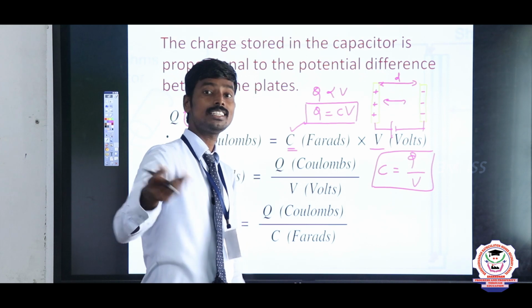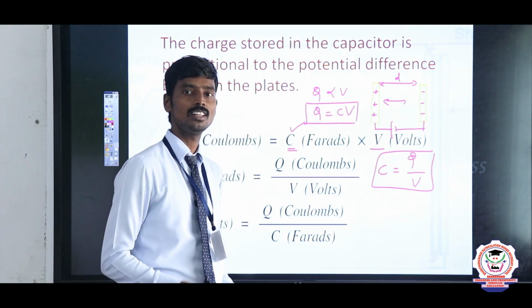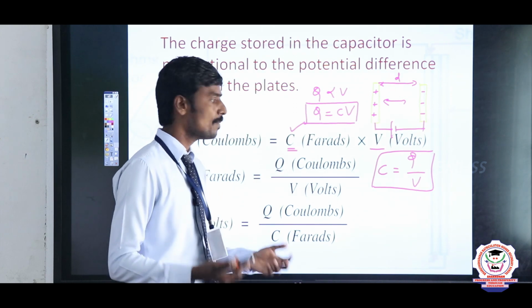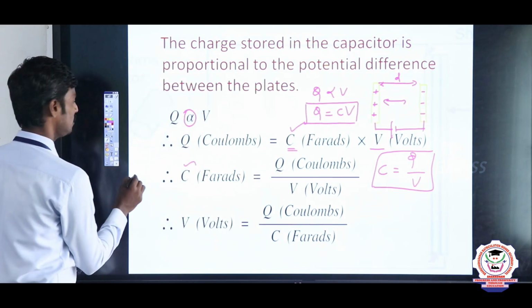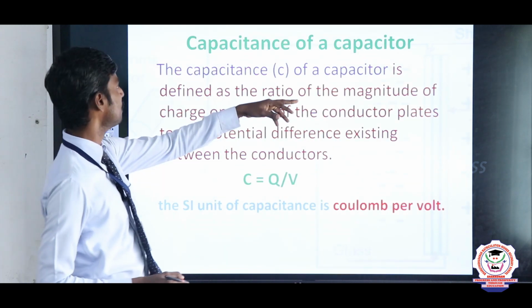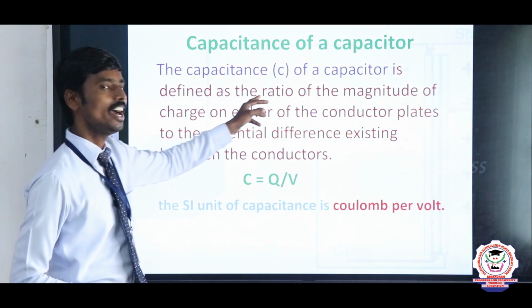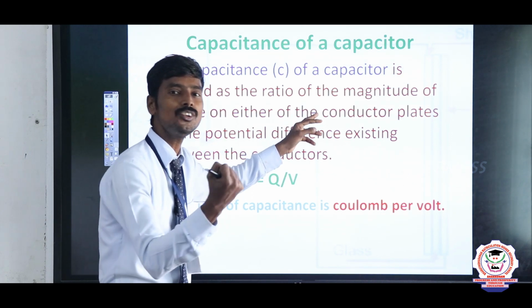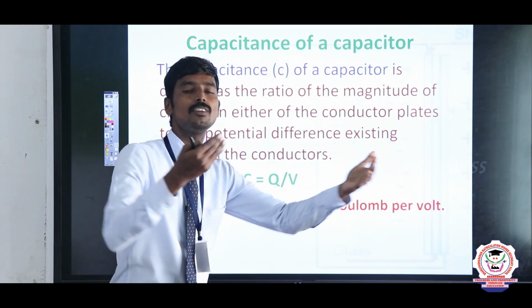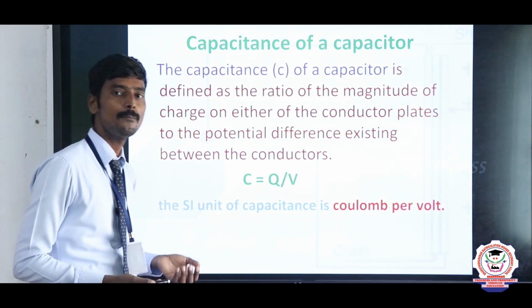Now, in our study material, there are two more questions. Define capacitance of the capacitor. The capacitance of the capacitor is defined as the ratio of the magnitude of charge stored in either plate to the potential difference between the plates.